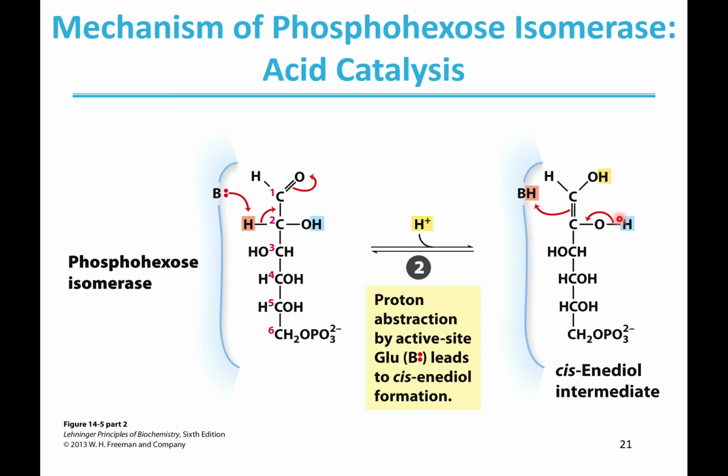Okay, so the first step is the formation of the ene diol intermediate, and then the second step is that the proton on the alcohol on carbon 2 is removed, which makes the carbonyl on carbon 2 instead of on carbon 1. Okay, so that's how that carbonyl flip-flops the position from carbon 1 to carbon 2.